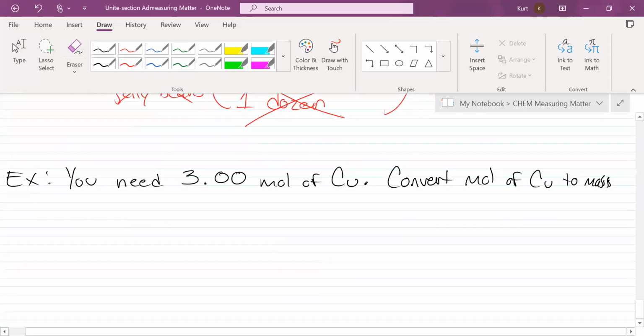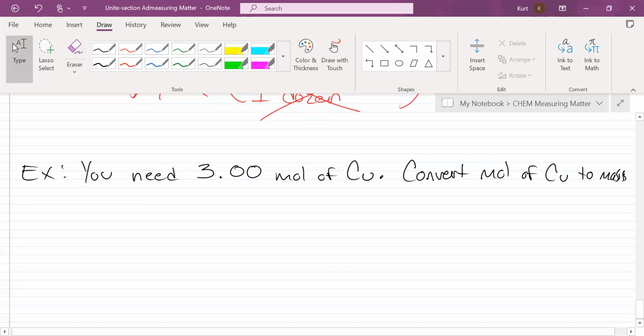Okay. First off, I'm going to highlight your known value. Adam, can you tell me what is my known value in this problem? 3 moles. You got it. 3 moles of what? Copper. Very good. That is my known value.